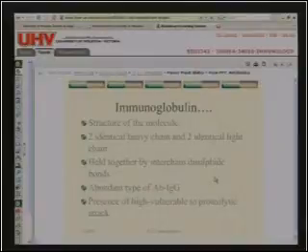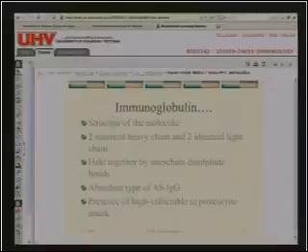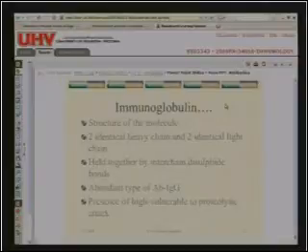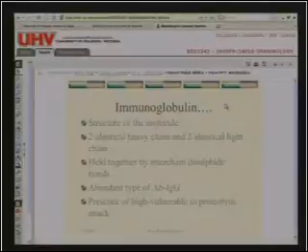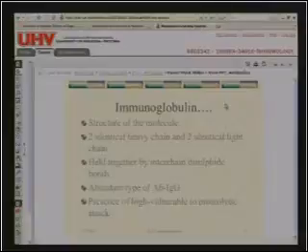So the immunoglobulin, we call it an antibody. In our system, we call it IG, immunoglobulin. Have you done albumin and globulin in your blood chemistry, blood composition?